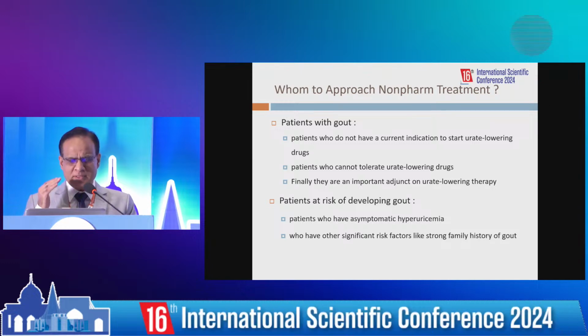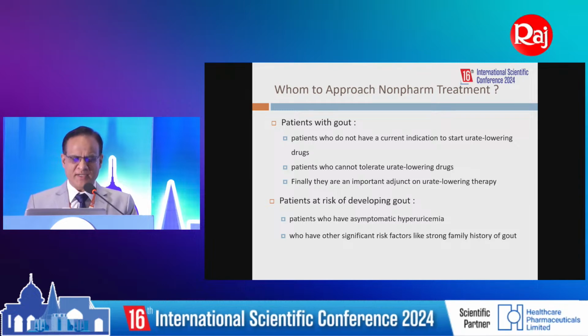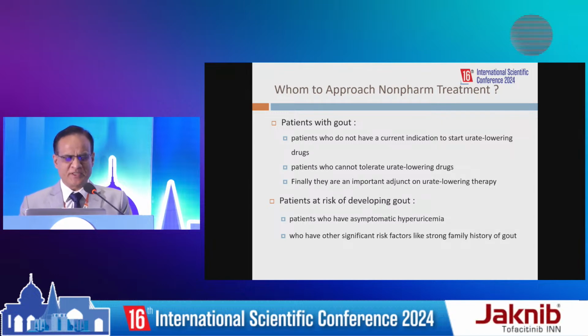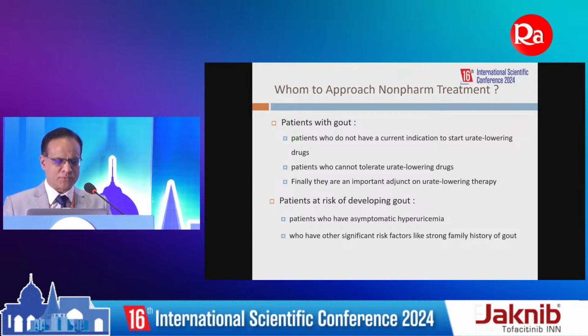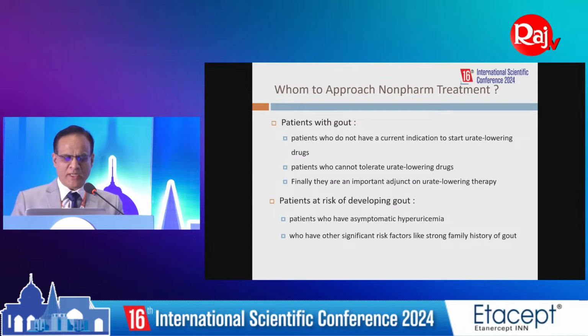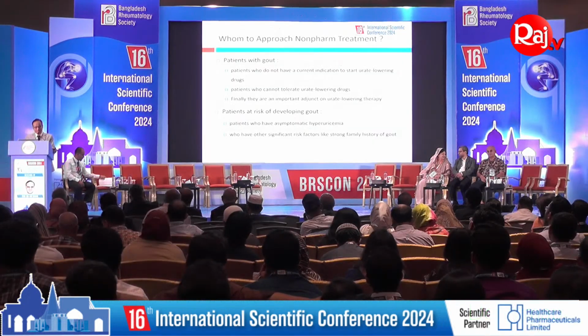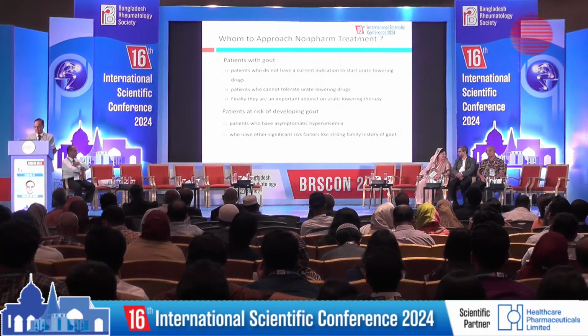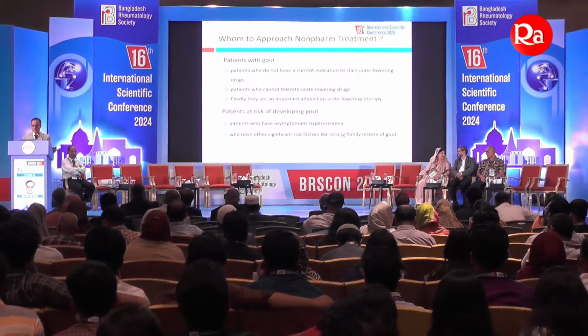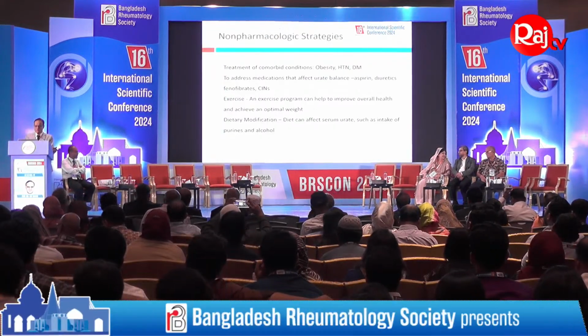Patients diagnosed with gout but who cannot tolerate urate lowering drugs. Finally, it may be an adjunct to urate lowering drugs. Another group, patients at risk of developing gout: patients who have asymptomatic hyperuricemia and who have significant risk factors or family history of gout.